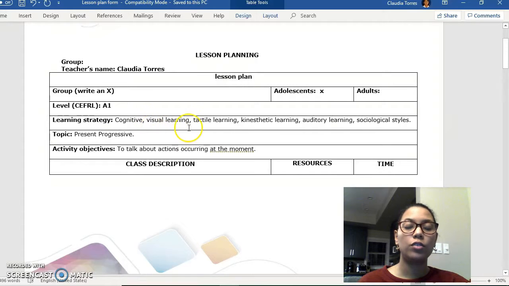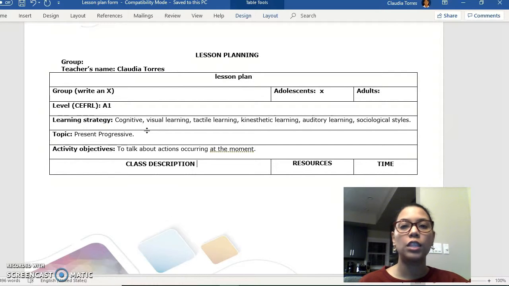So visual learning, when I use flashcards or pictures or any other visual prompt to help them to work, and cognitive when, especially when I'm trying to teach a new grammar structure and I highlight, for example, the adjective with one color.